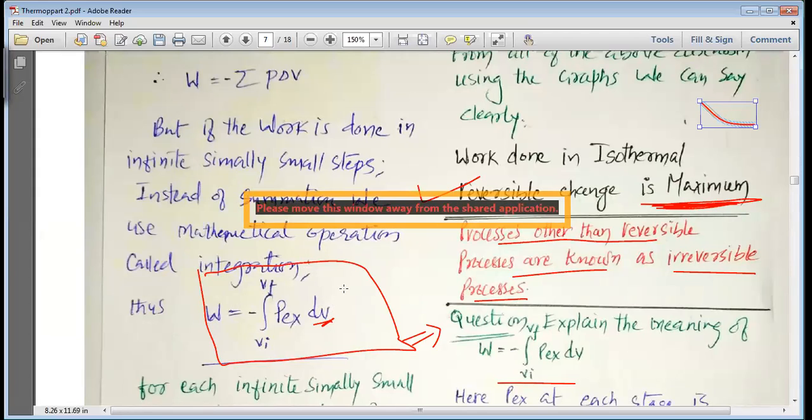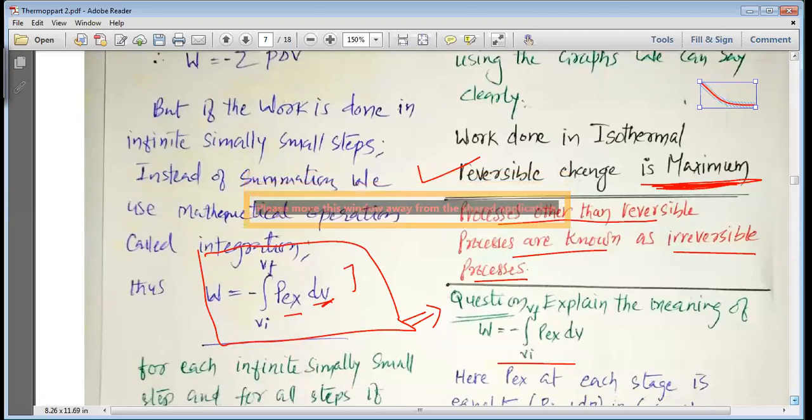These dV are those very small changes that we have made to the system, and P external is the pressure that we applied, where at each state there is an equilibrium between the external pressure and the internal pressure.